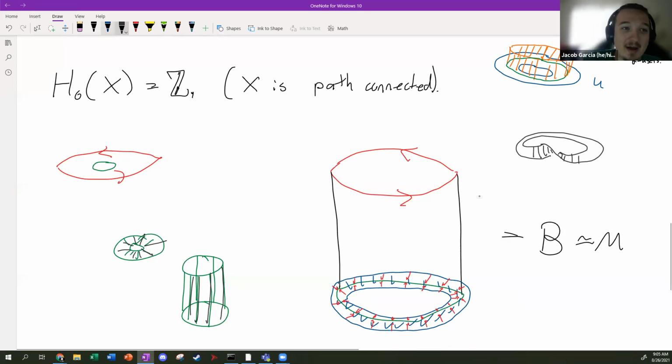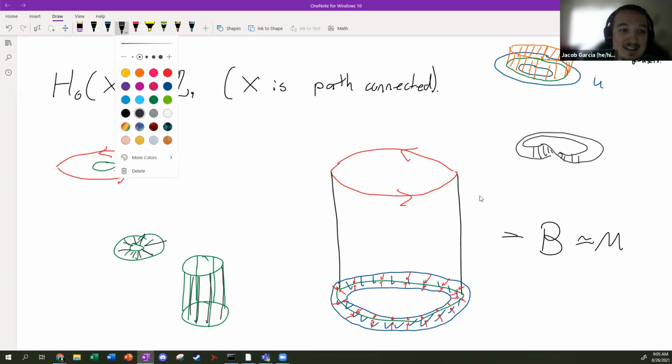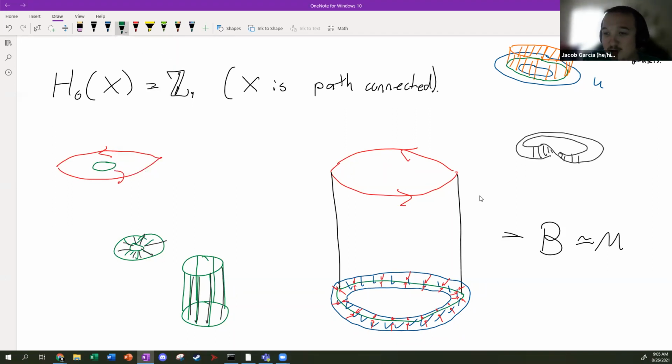But then you have to think about identifying this entire boundary circle to one circle, and I could not figure out how to do this mentally. The only way I could draw a reasonable picture was to draw the Mobius band like this, and then say, now the boundary is an actual circle, and I can just drop it on top of it.